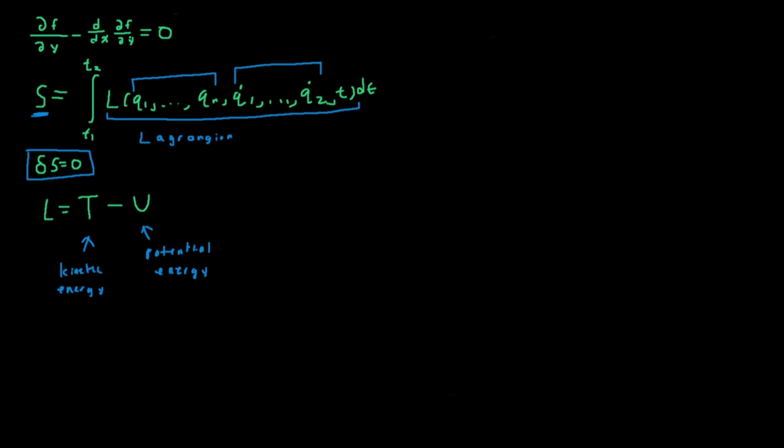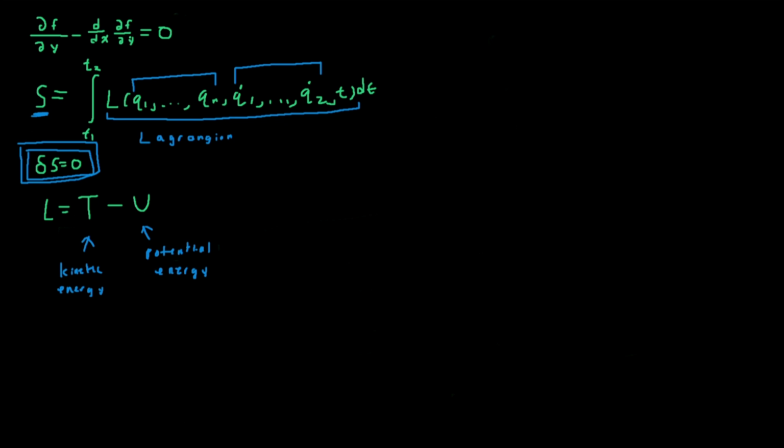So the fact that this right here is stationary, that's Hamilton's principle, or Hamilton's principle of least action, or maybe principle of stationary action, whatever you want to call it. The path integral of this quantity right here, the difference between kinetic energy and potential energy, over some interval in time, is going to be minimized. And that's just a fundamental law of nature. This can be used to construct mechanics in the same way that Newton did.